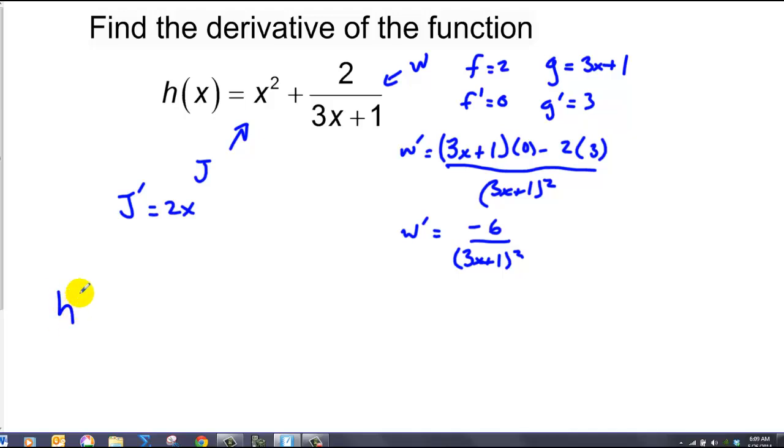So if I want h prime, I just add the two derivatives together. So I have 2x minus 6 over 3x plus 1 quantity squared, and I'd let that go. You could find a common denominator, but no need in this case.